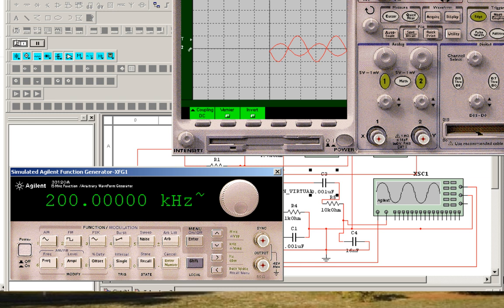I think it froze. It's not distorted though. That's because that filter's in there. I wanted to see that distortion.